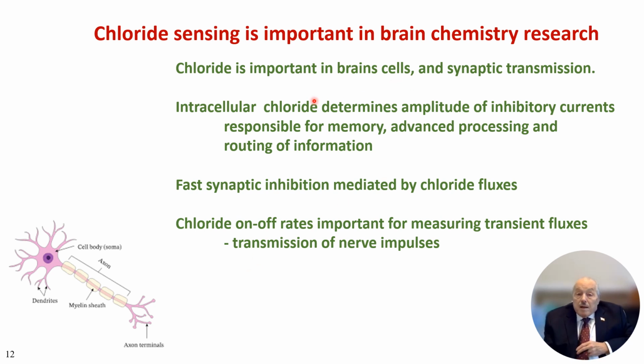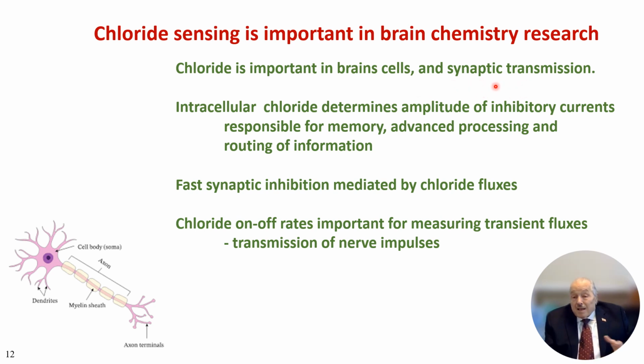From my reading, preparing this lecture, I found out that chloride is increasingly important in brain chemistry research, and it's probably going to have a big effect in that area. Chloride is important in brain cells. It affects synaptic transmission.